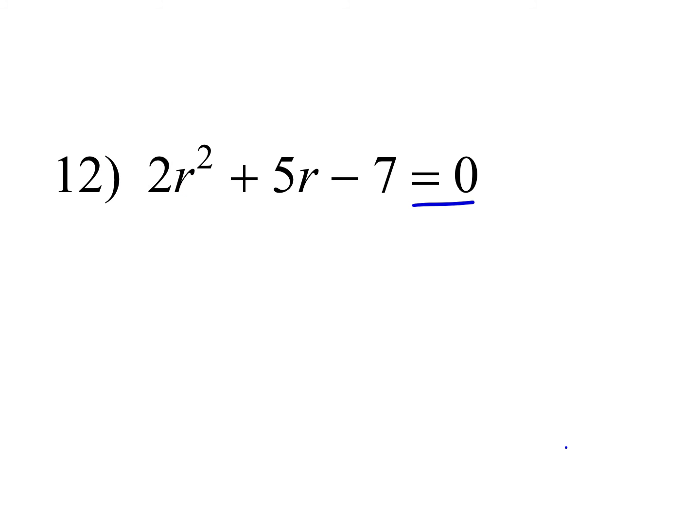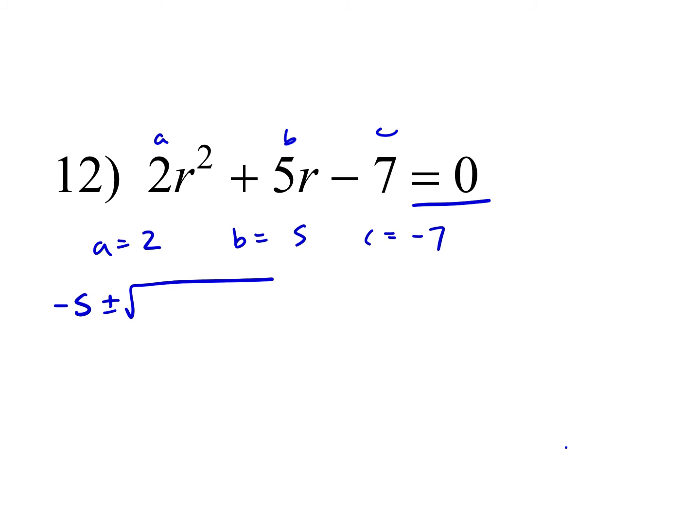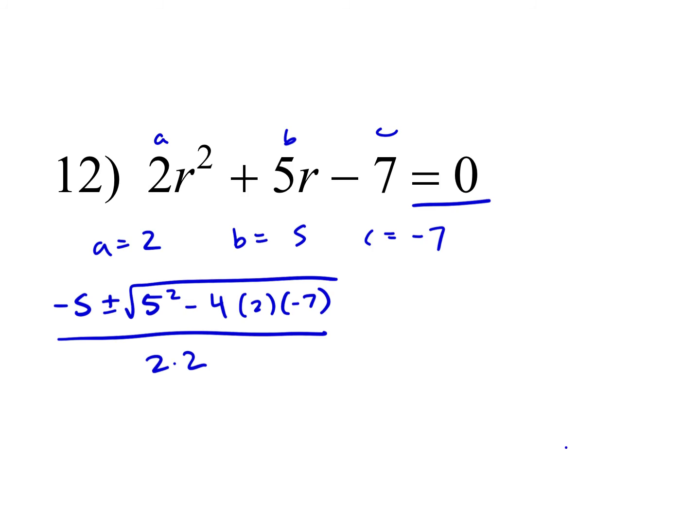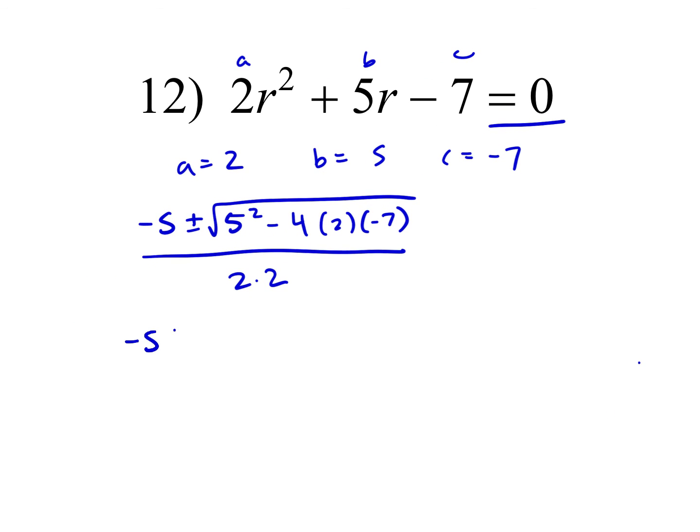So number 12 is equal to 0, so I can just list my A, B, and C. So what's A? What's B? And what's C? Perfect. So plug it in. -b plus or minus the square root of b squared minus 4ac over 2a. So -5 plus or minus.